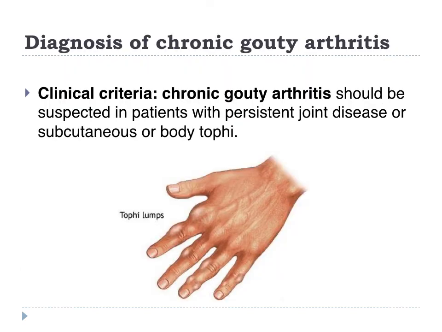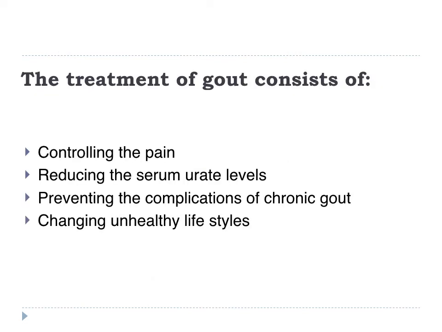Chronic gouty arthritis: here, if you have pain that is persistent and in a single joint, and we also found elevated levels of urate and subcutaneous or body tophi. For the treatment, first you should control the pain.